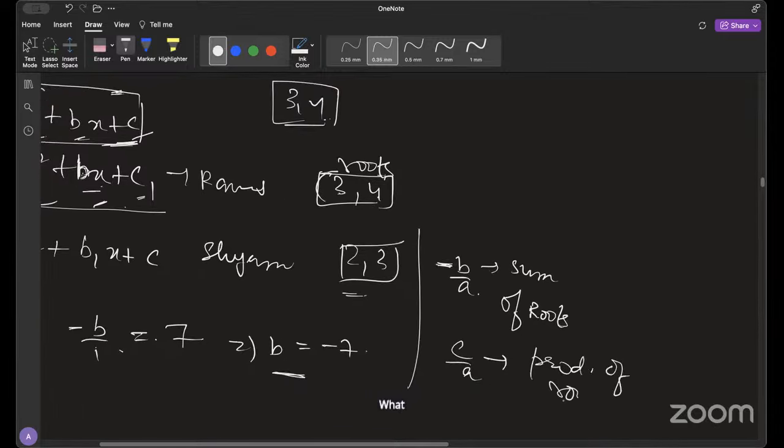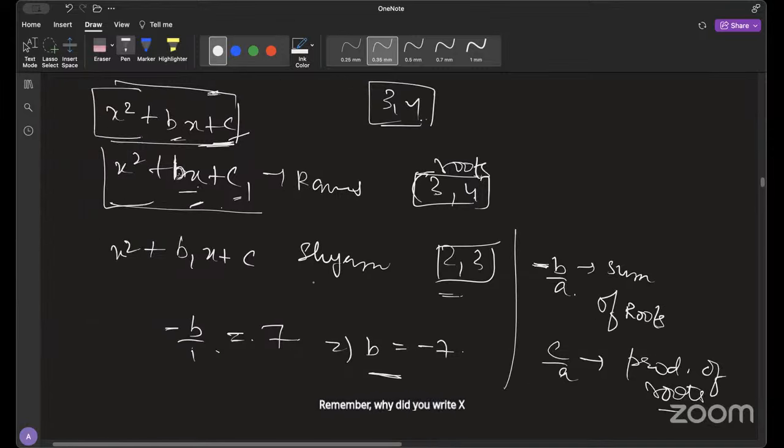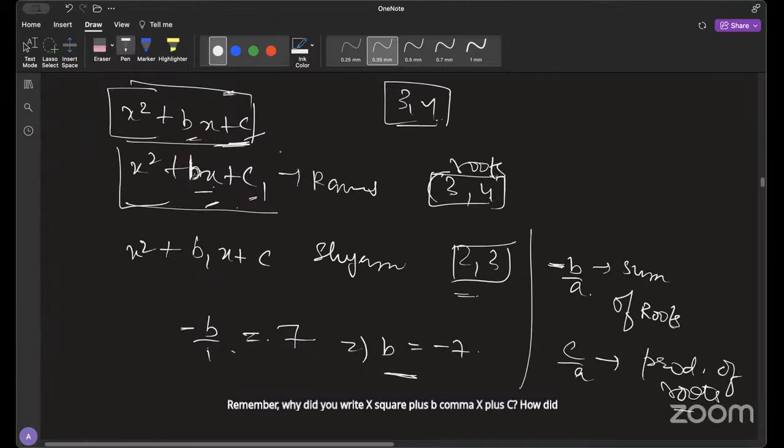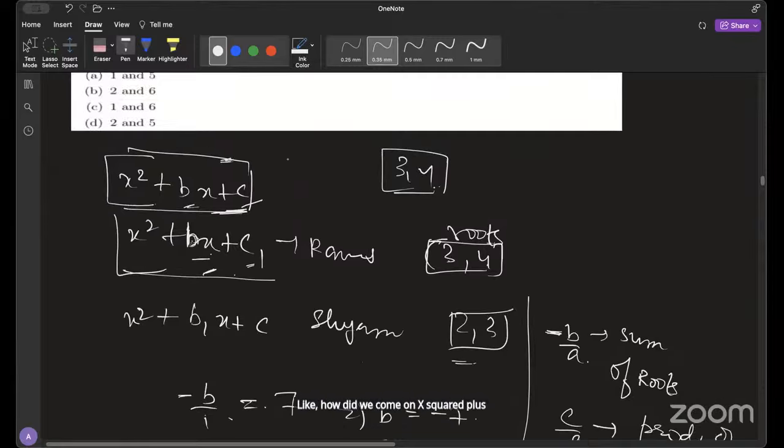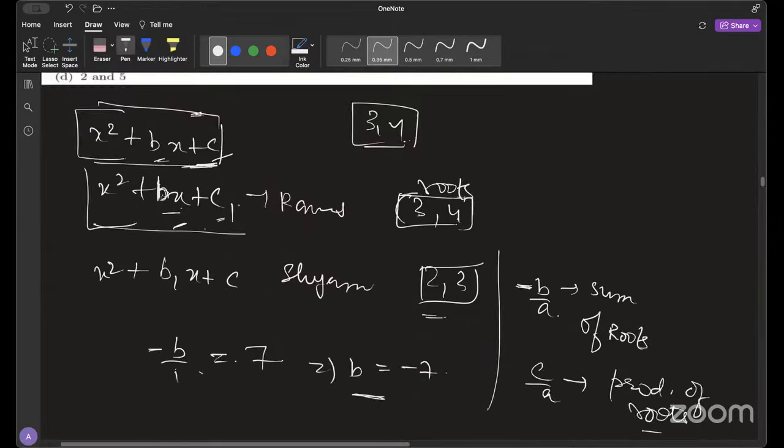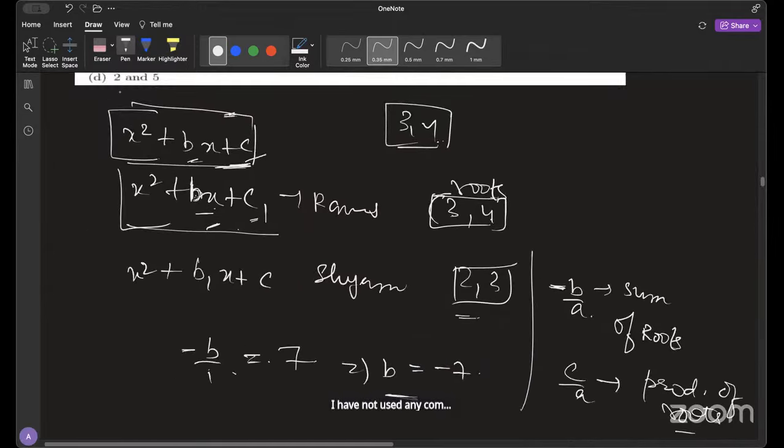Why did you write x square plus b comma x plus c? Where comma? I have not used any comma. Okay, ma'am, it's x square plus b1 x. This is b1, not comma. This is c1.